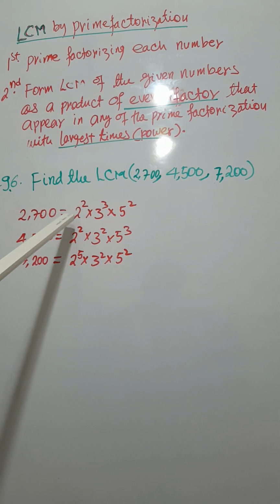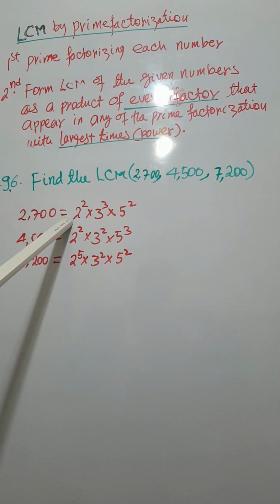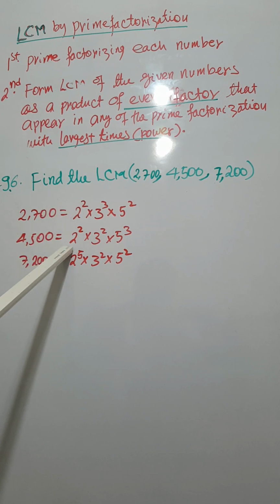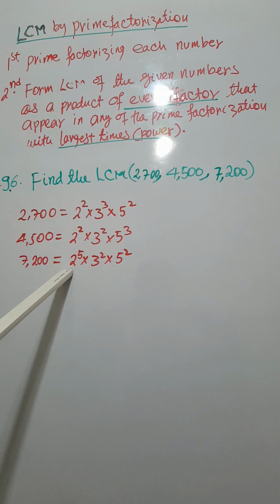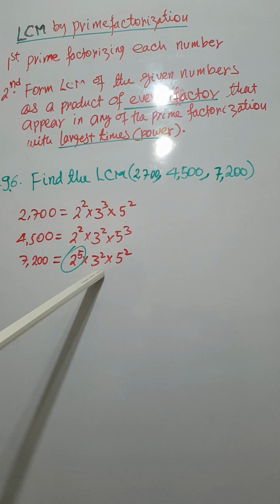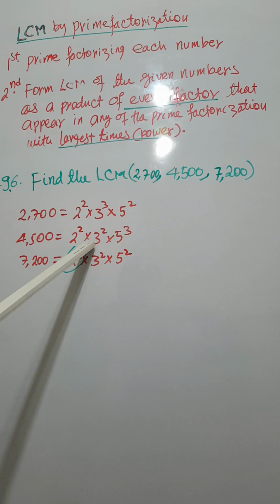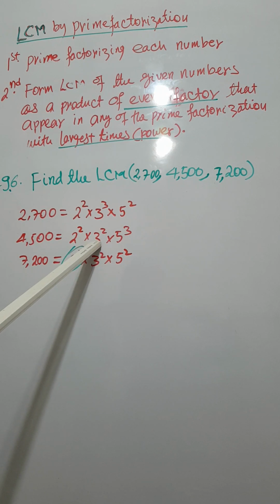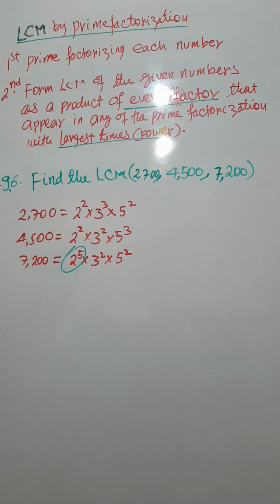Now 2 appeared here as 2 to the power of 2, 2 appeared here as 2 to the power of 2 again, and 2 appeared here as 2 to the power of 5. So the largest one is 2 to the power of 5. Now 3 appeared as 3 to the power of 2, 3 to the power of 2 again, and 3 to the power of 3.